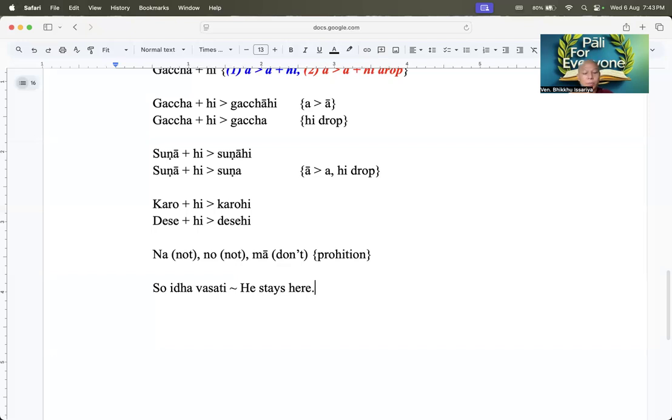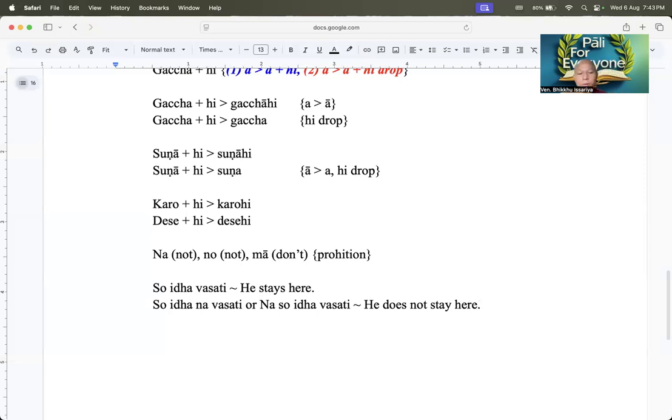So now we will use na: idha na vasati. So na at the very beginning of a sentence also. Na idha vasati. He does not stay here. In this way also it can be understood.